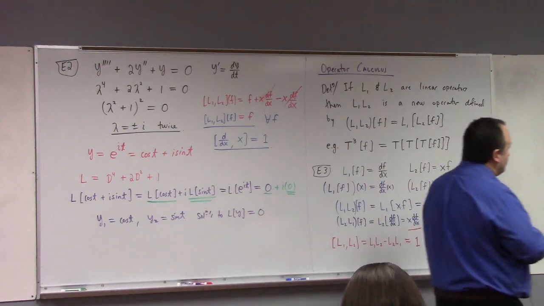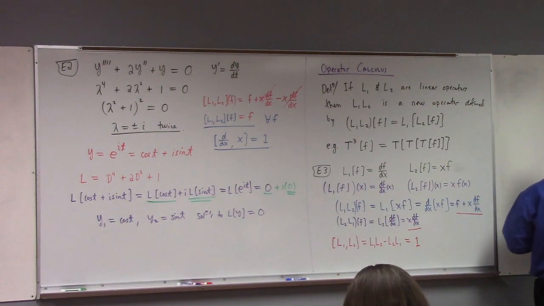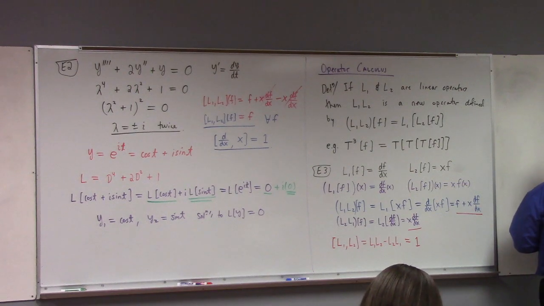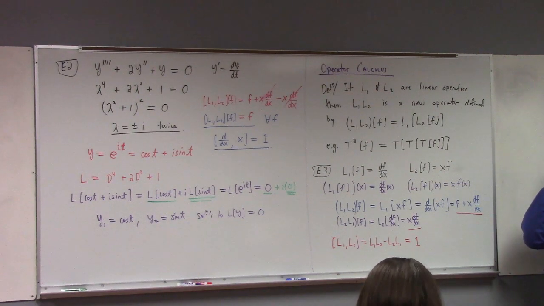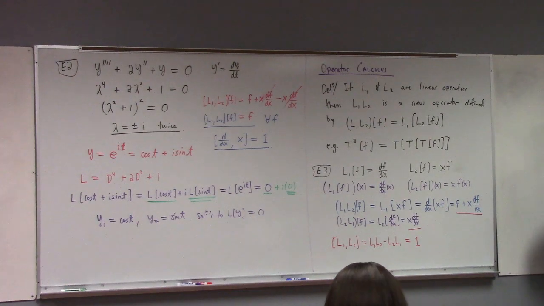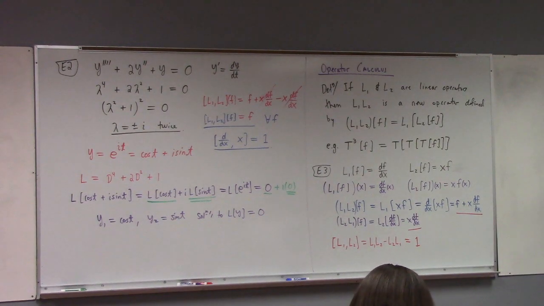So let's work this out. Let's assume Lj of y equals 0 for some j with 1 less than or equal to j less than or equal to k. Then you look at L of y, which by assumption here is L1, L2, there's a j in here somewhere, all that acting on y.